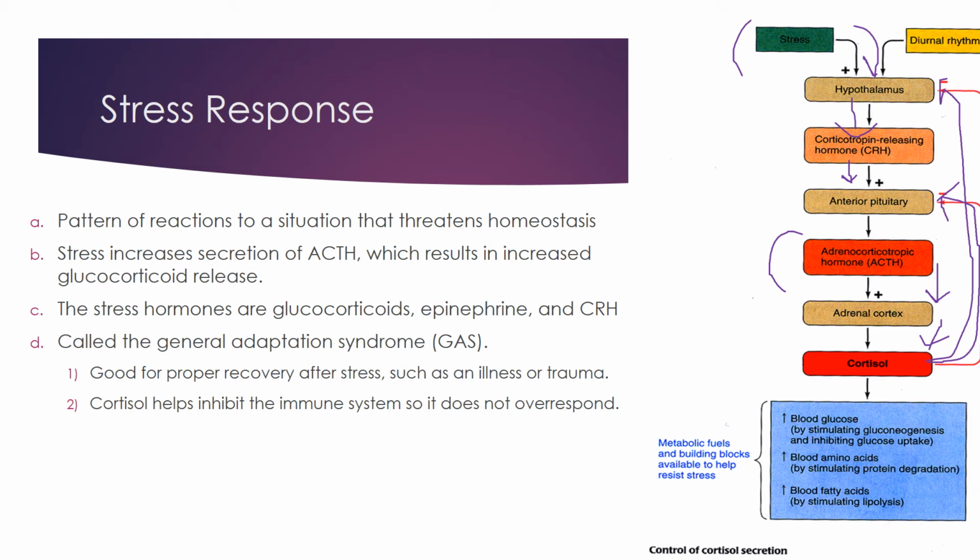Some problems that can occur are when we have chronic stress, because this leads to an increased risk for illness. However, in the short term, this is good for recovery, such as from an illness or trauma, and cortisol helps inhibit the immune system so it does not over-respond.